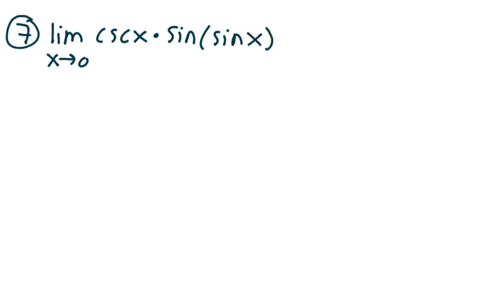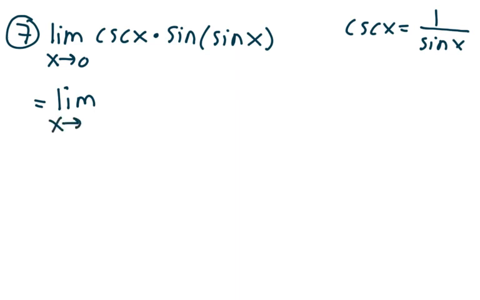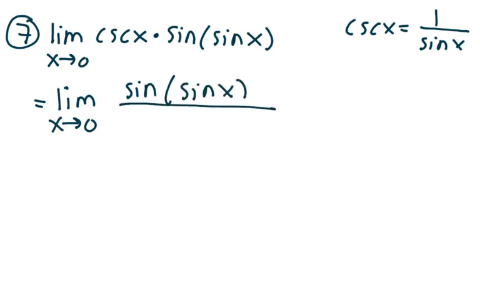This one looks a little deceptive. And so what I'm going to do is view cosecant x as 1 over sine x. And so I'm going to rewrite this limit as the limit as x goes to 0 of sine of the sine x divided by sine x, just like this.